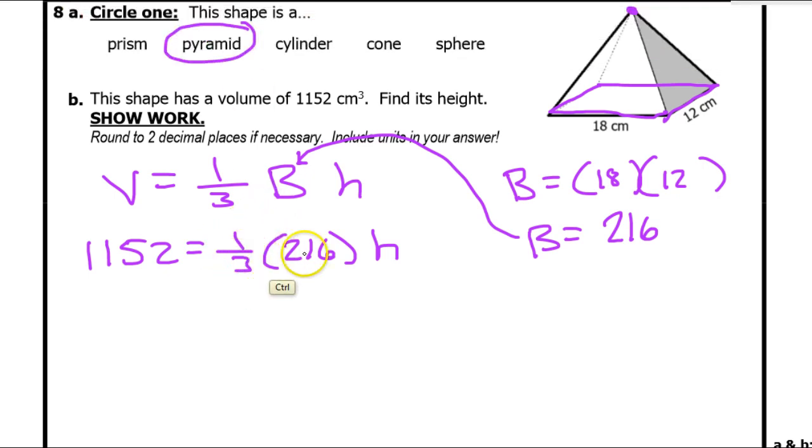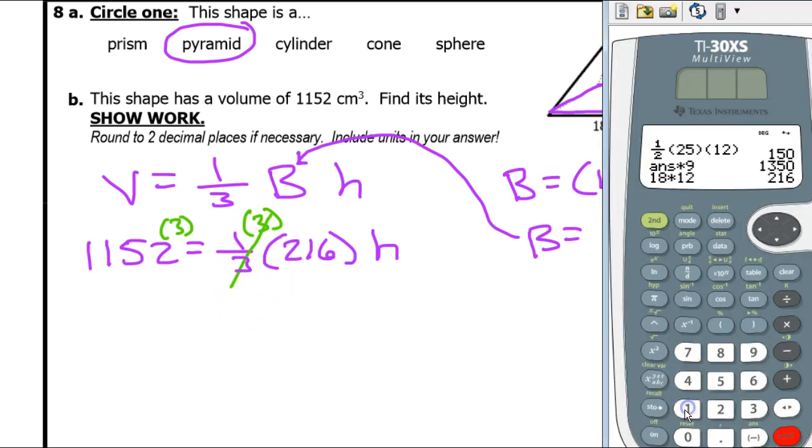Now I could multiply 1/3 and 216, but I'm going to just keep doing what always works. So if I multiply by 3, these will cancel each other out, and I'll have 1,152 times 3. So that's 3,456.